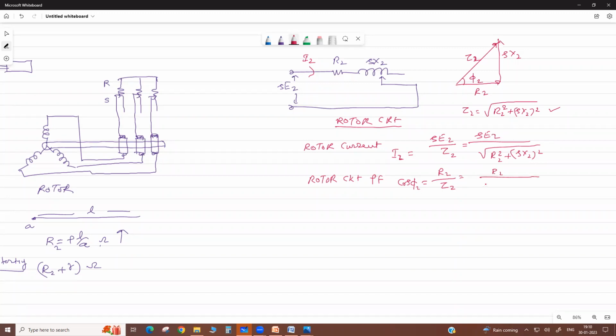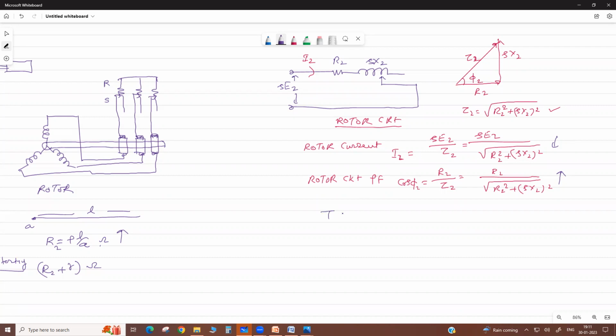So resistance is more because at starting the overall rotor resistance is high, because here we add the resistance also. Then in the wound rotor, power factor is high and current is low. Those are the two things we want to improve. We want a higher power factor and low current.